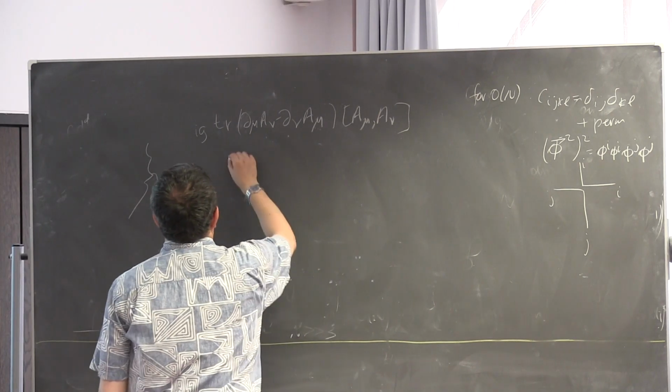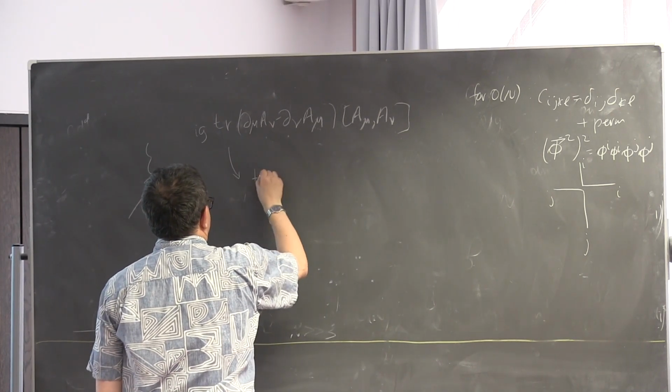You can just boldly replace this by just trace phi cubed.